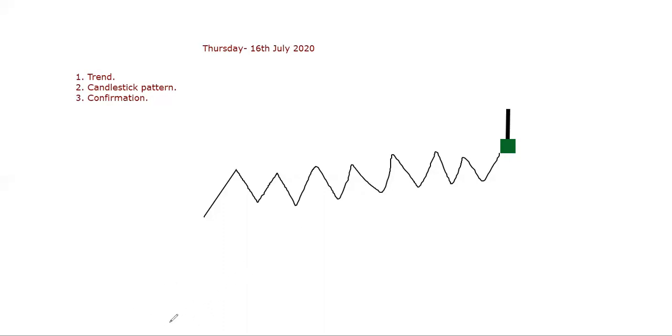This candle is formed here. Let me delete it. I need more space. So this is another example. Now you see this candle.